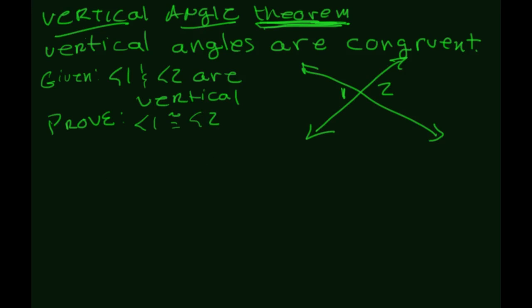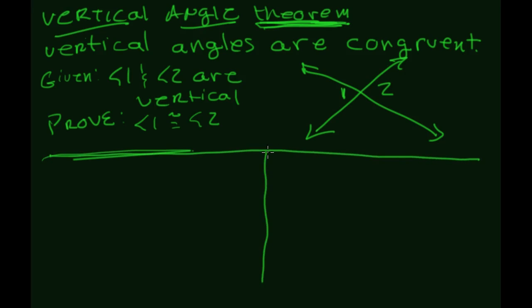So I know this is the first time that we're actually doing a proof in this class, and that's okay. Usually when we make a proof in this class, we're going to make a little table. One side of the table, we're going to make statements. And on the other side of the table, we're going to give reasons, or we're going to explain why that statement can be there.